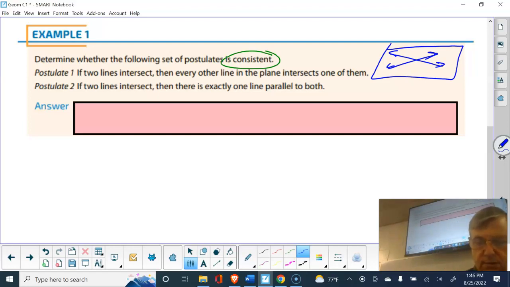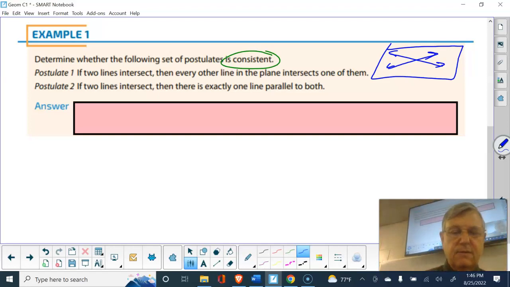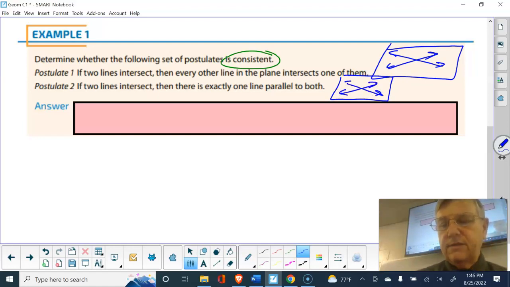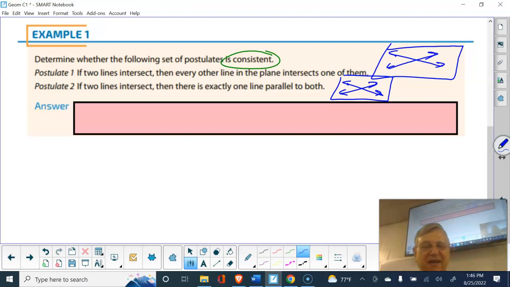That's the first one. The second one says if 2 lines intersect, then there is exactly one line parallel to both. So again, you got the same scenario to begin with.